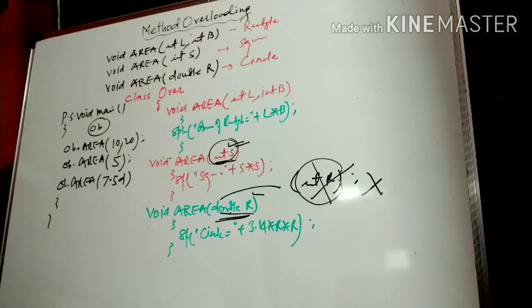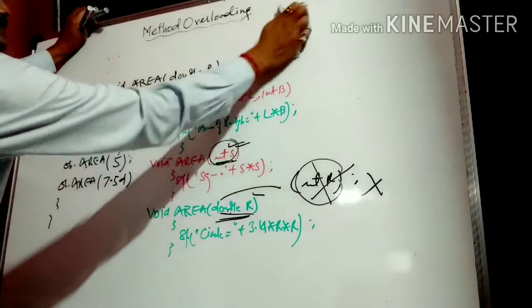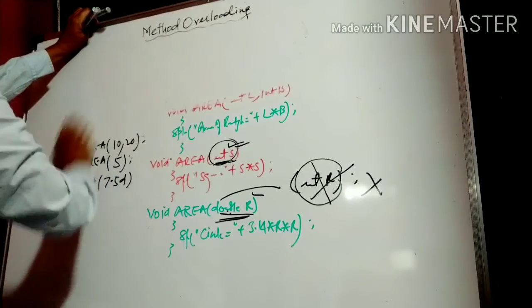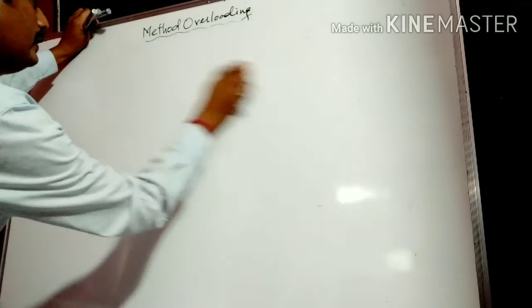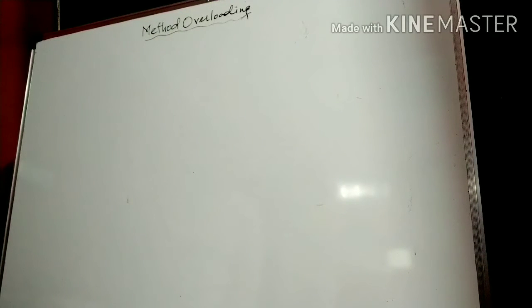Now one more question we'll discuss here. That you have to find the perimeter of square, rectangle and circle. What you have to find? The perimeter of square.